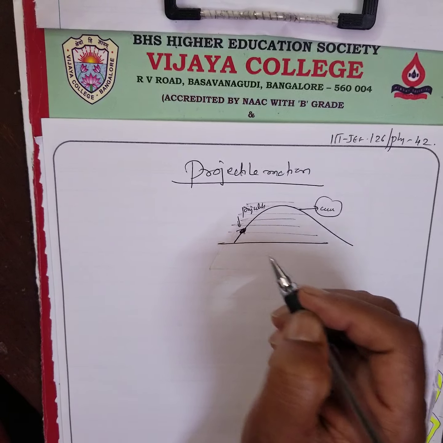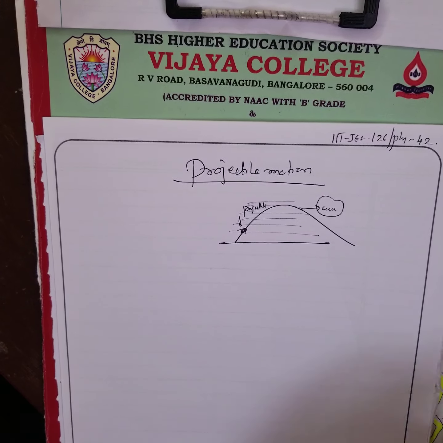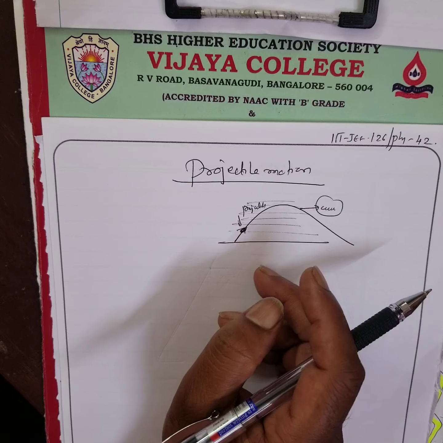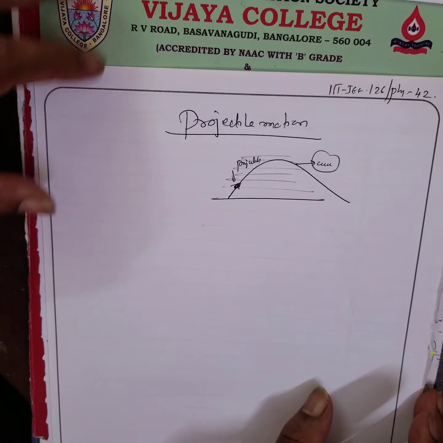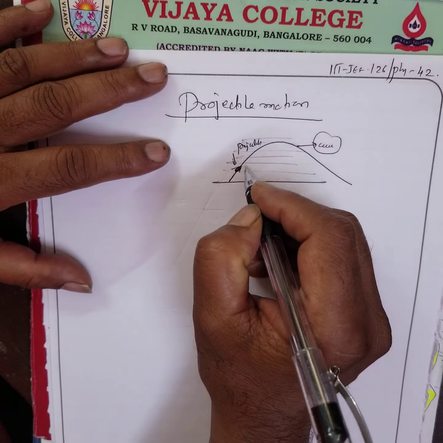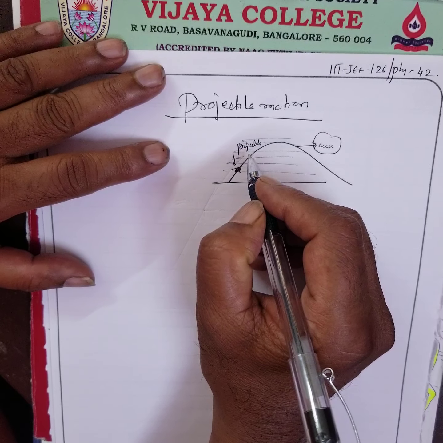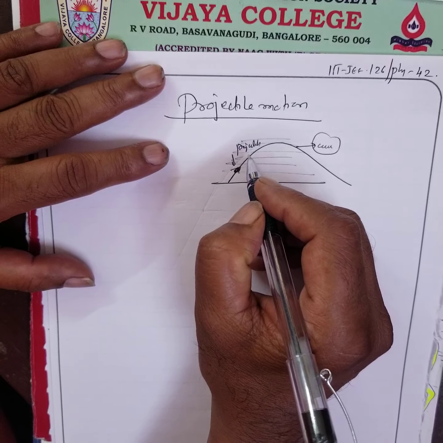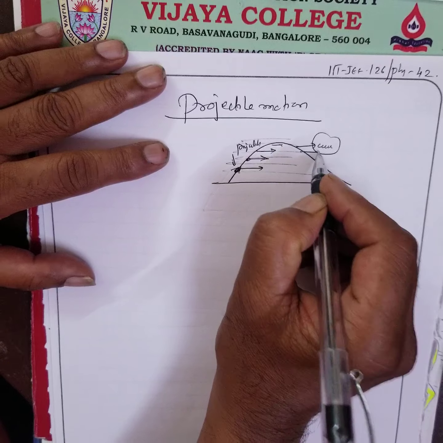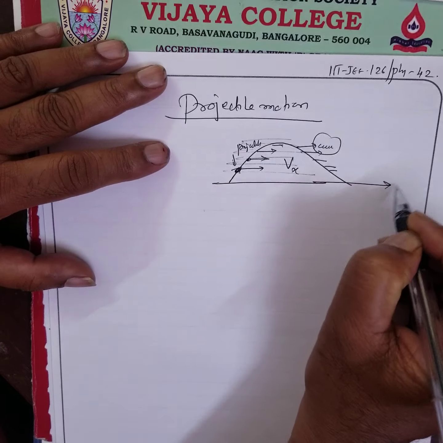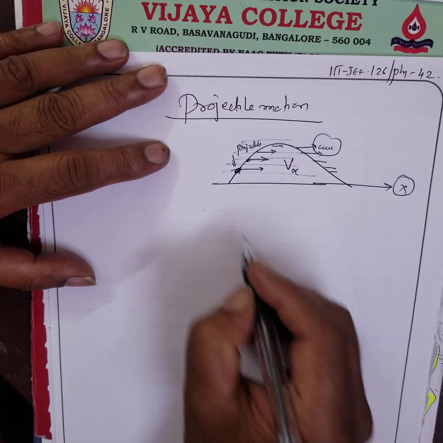Even rockets and missiles are all projectiles, and they follow this path. Throughout the motion, the horizontal component of the velocity of the particle remains the same. The velocity along the x-axis remains constant.